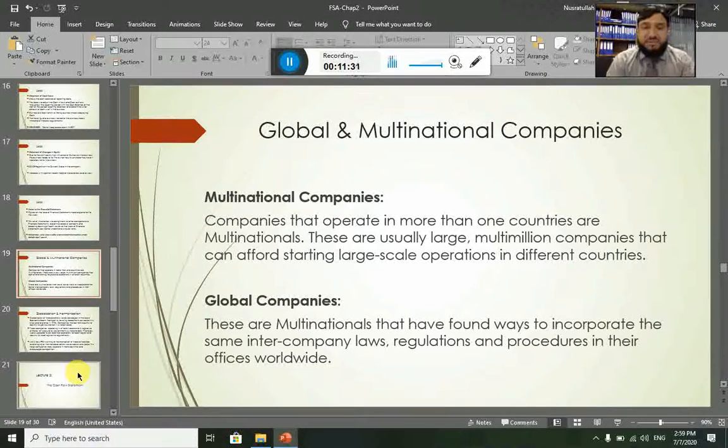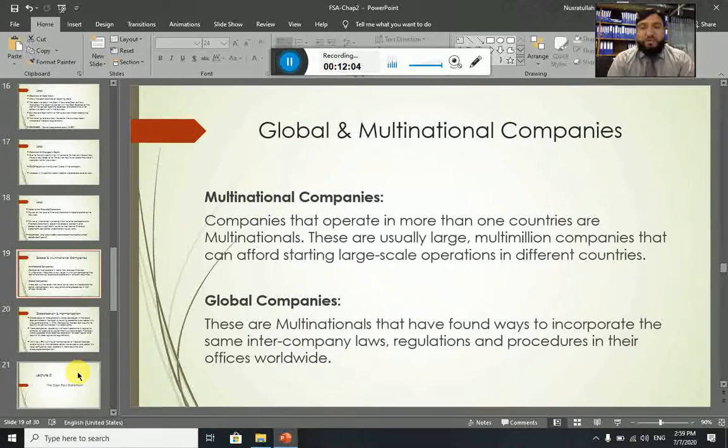Multinational companies, wherever they do business, abide by the rules and regulations of the country where they are operating, especially from an accounting and financial reporting perspective. But a global company, wherever they operate, their reporting system, their rules, their regulations are standard, and they operate regardless of countries' rules and regulations.